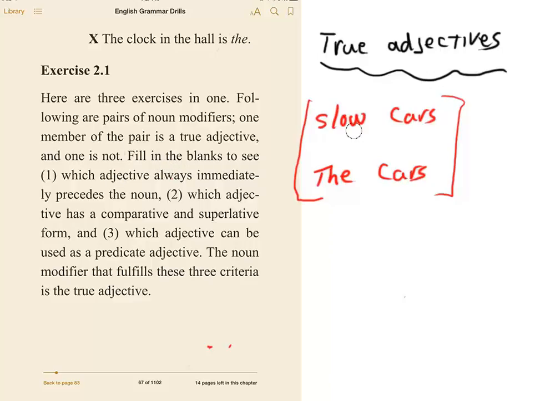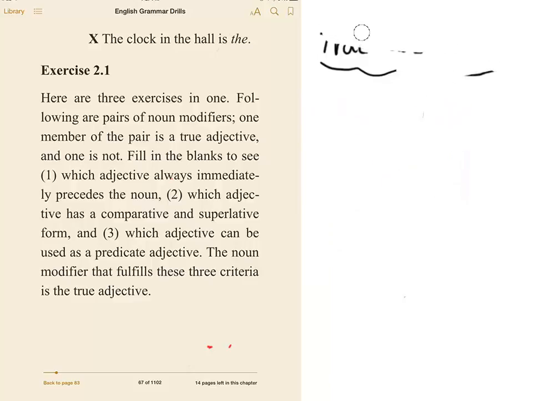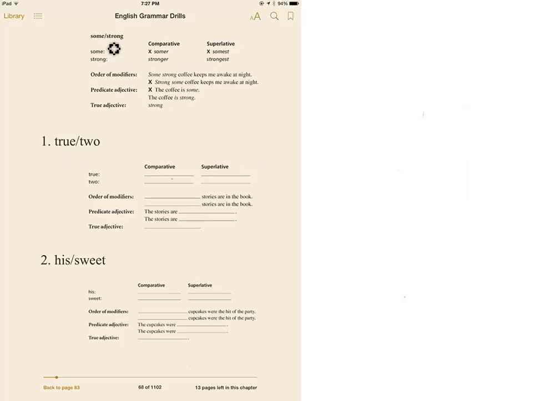I'm just going to do the first one with you so you can see, and then you're going to have to do the others on your own. I set this up on your papers just like this. It has a partial sentence, so you have to fill them in, and then you have to put X's where the ones that are improper belong.